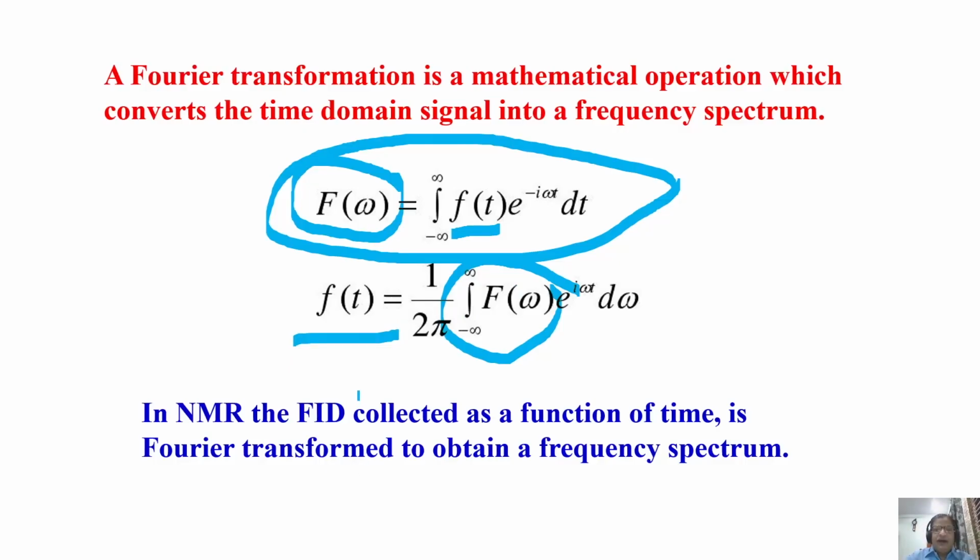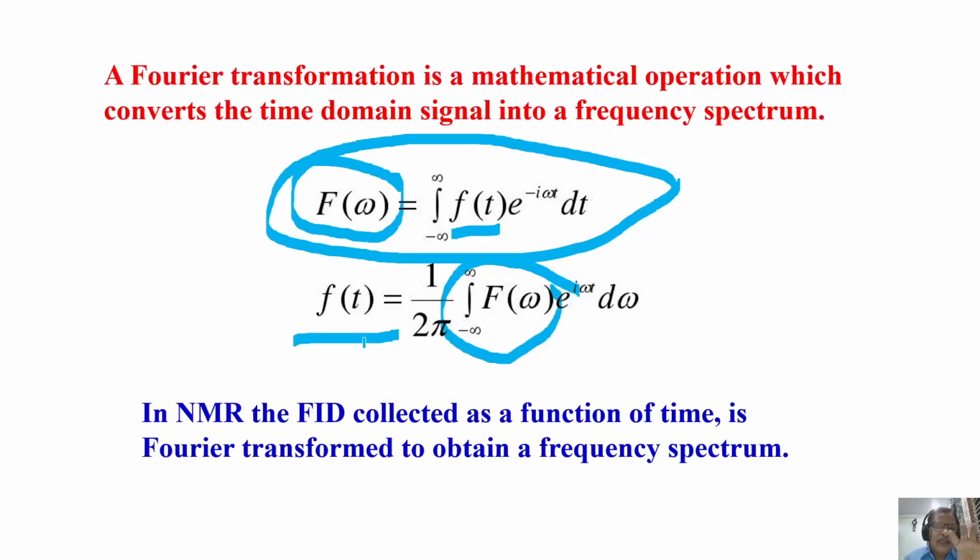Exactly what we do in NMR is the same. As I have been telling you, in NMR we collect the signal in the time domain, which I refer to as free induction decay. You apply a radio frequency pulse, and then in the absence of the pulse, the magnetization starts precessing freely.